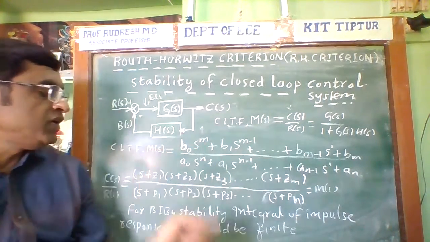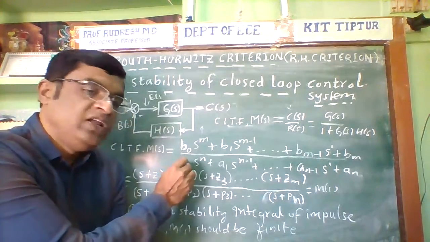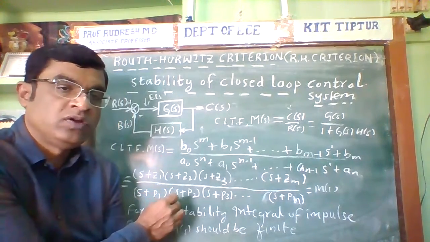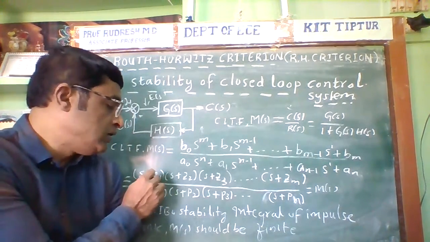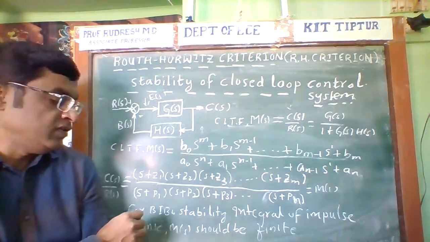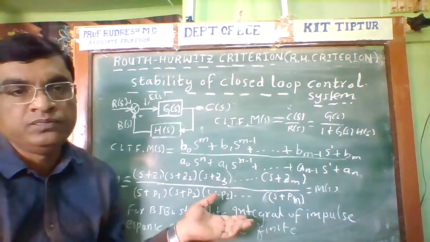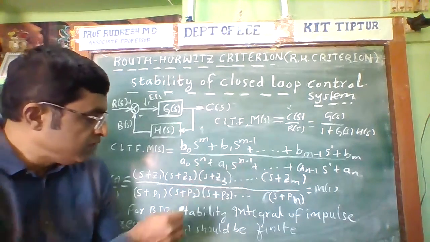The roots of the characteristic equation, the denominator polynomial, are called the poles of the system, and the roots of the numerator polynomial are called the zeros of the system.